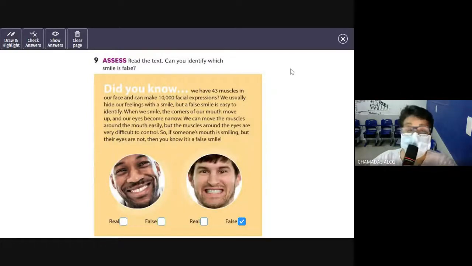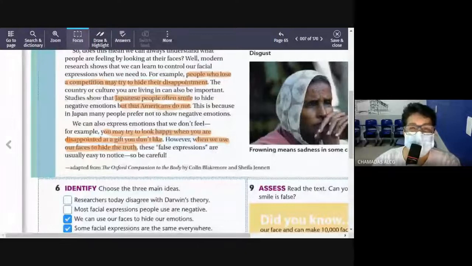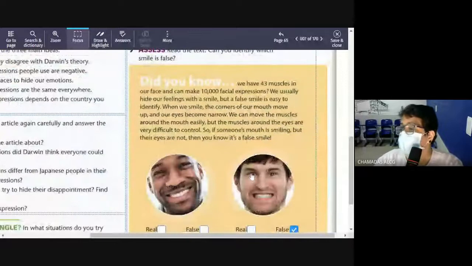So it's easy to identify, right? Because the smile is not following the mouth. Now, because of the pandemic, most everybody is wearing a mask. So you need to see the eyes most of the time, right?